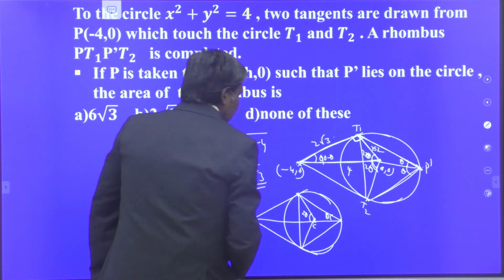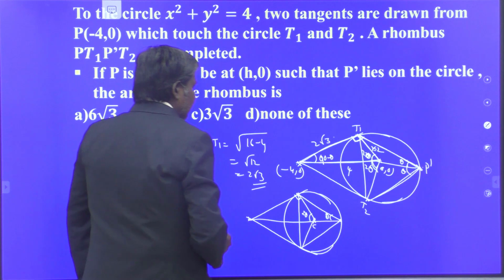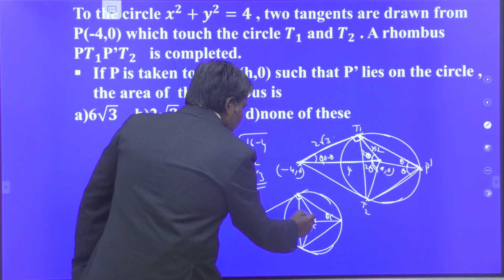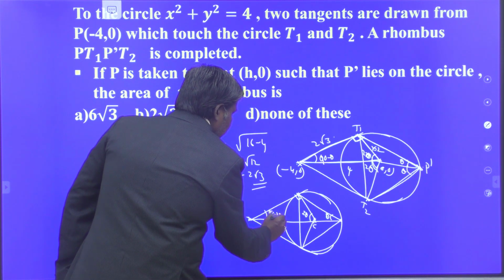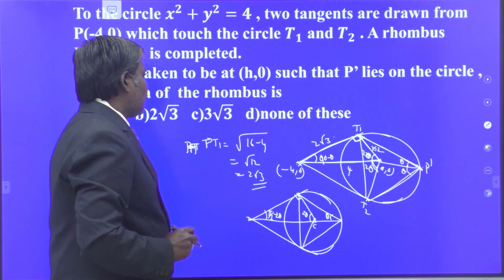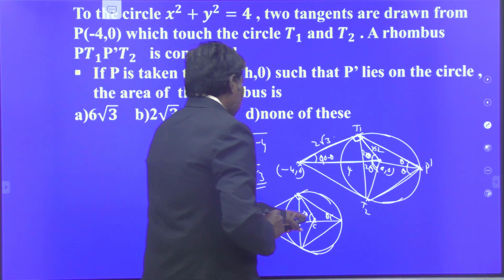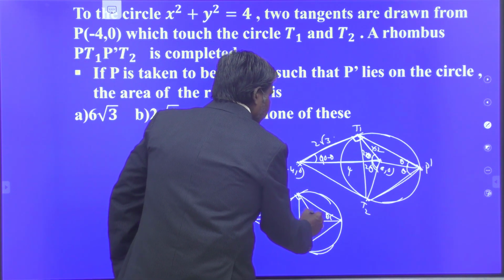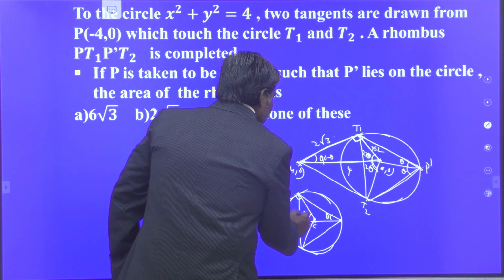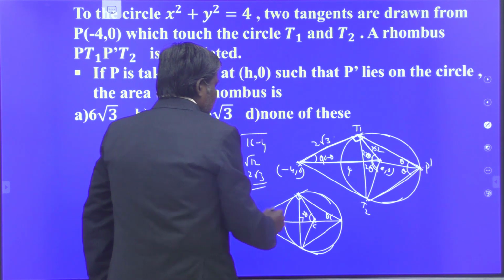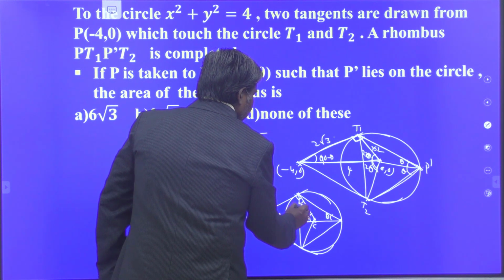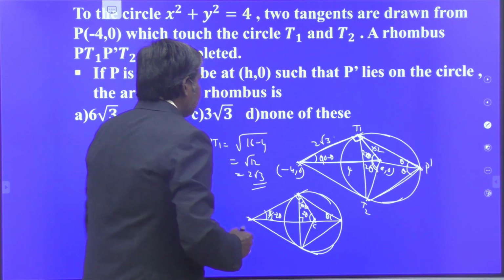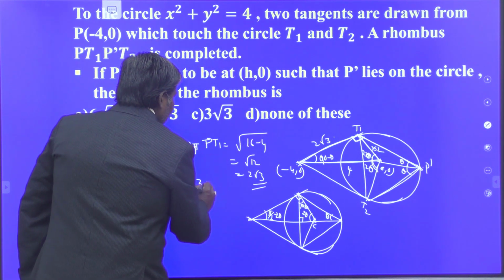So this is 2 theta, this is the angle 90 degrees. So when it is 2 theta, this is 90 degrees, this is pi by 2 minus 2 theta. Now from that, this is 2 theta, this is 90 degrees, this is 90 minus 2 theta. From the triangle itself, 3 theta is equal to pi by 2.